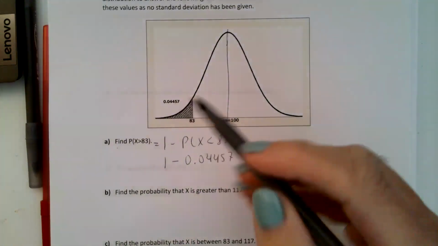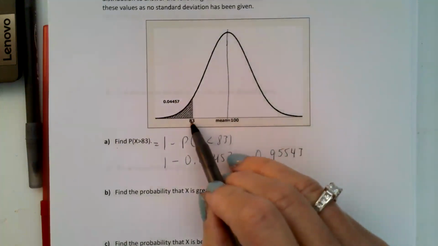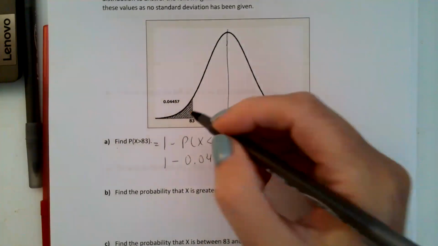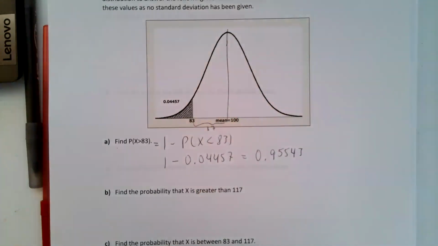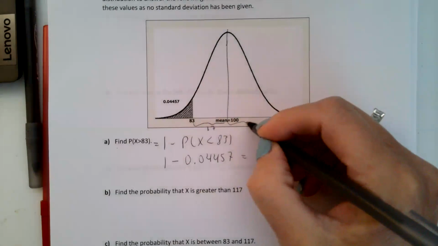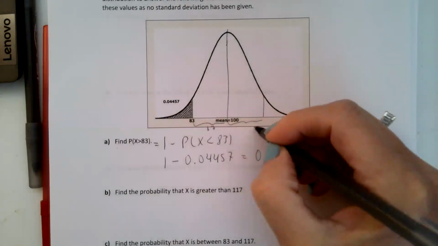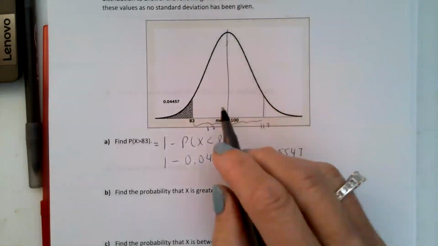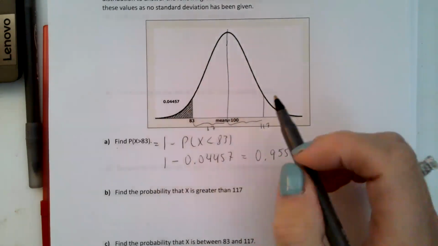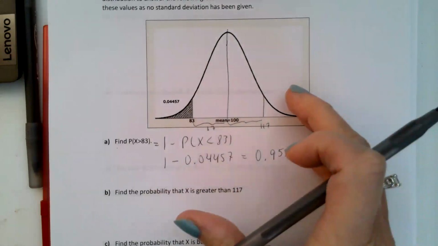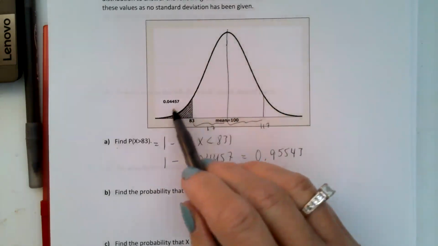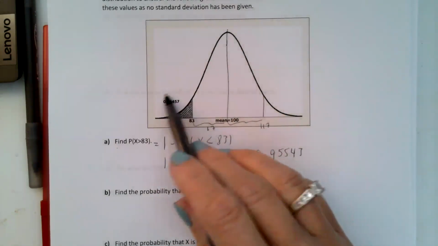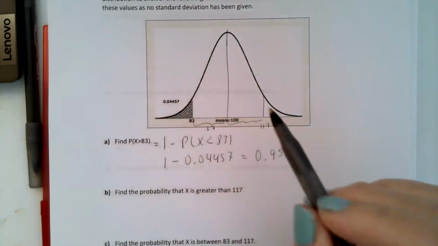Find the probability that X is greater than 117. Okay. So intuitively also, I can see that from 83 to 100, there are 17 spaces here. And whatever another 17 spaces this way would be 117. I know that those probabilities are the same. I don't know what an exact standard deviation probability is, but I know that these spaces equal this probability.